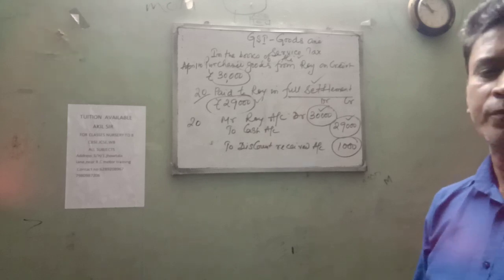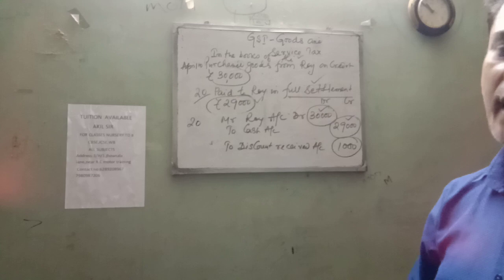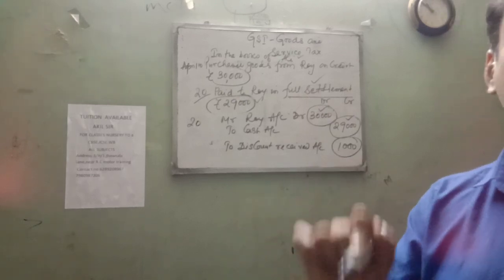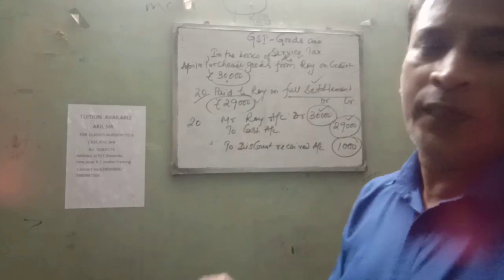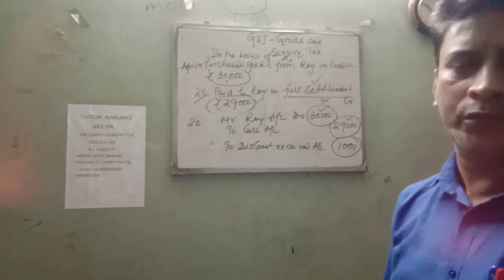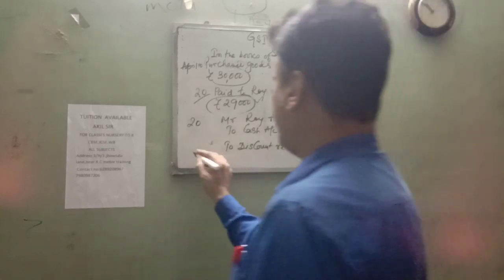It is clear. So when we are paying to supplier, we are getting discount from supplier. It is known as discount received. Okay, and we know that all incomes and gains are credited under nominal account under both traditional and modern approach.